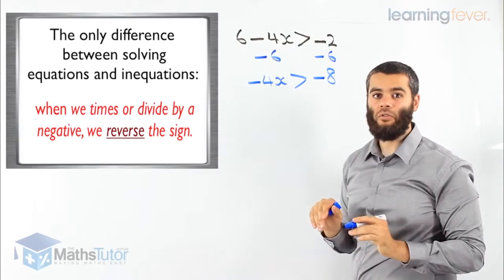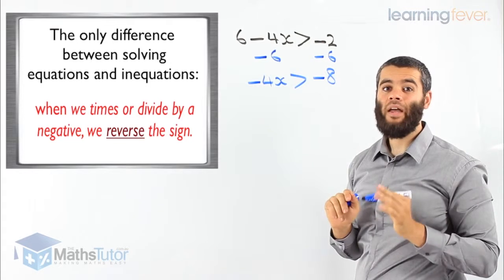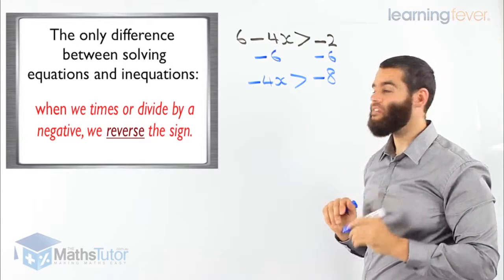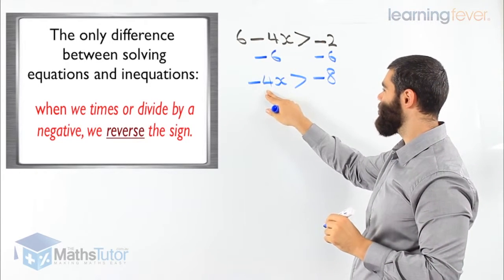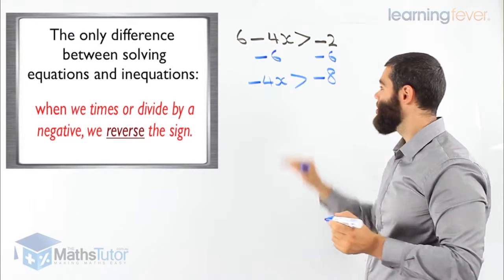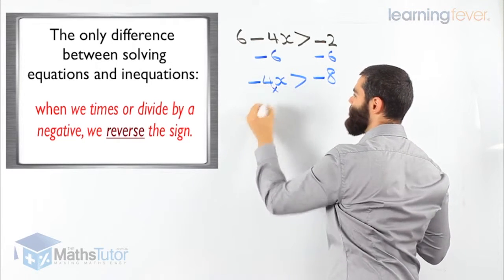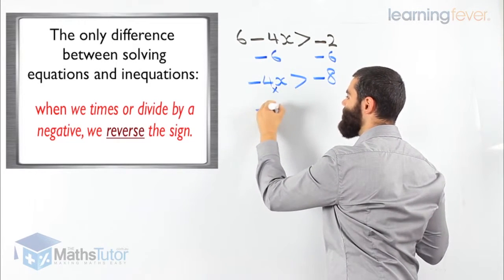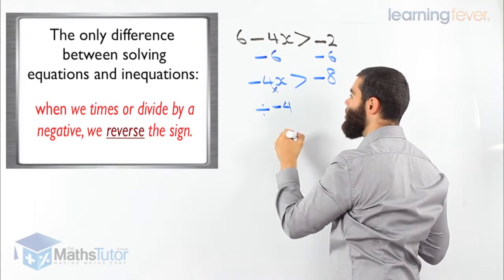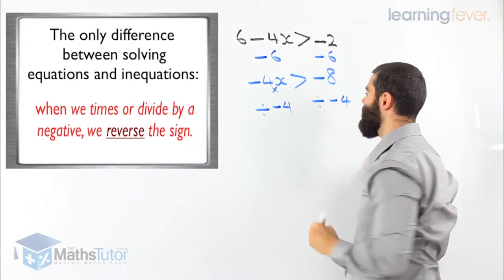So far, so good. The rule says if we multiply or divide by a negative, we reverse the sign. Negative 4x means negative 4 times x. Now we've got to eliminate negative 4. There's a little times there. It becomes a divide by negative 4, and divide by negative 4.